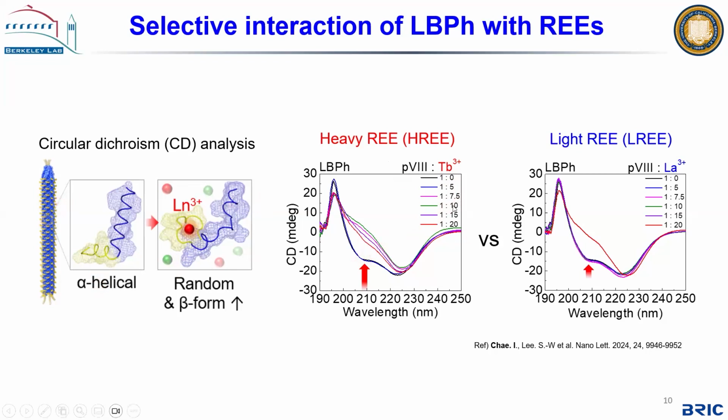And different from this heavy RE, for the light RE we need a much, much higher amount of the ion to induce the structure change. So that means the heavy RE can generate stronger and preferential structural change of the coat proteins of the virus compared to the light REs.